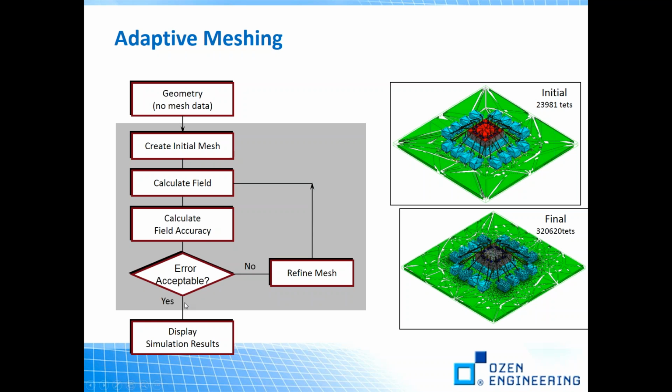Basically, it's trying to satisfy the criteria and see if the error is acceptable. If so, it's going to display the simulation result. If not, it's going to do the mesh refinement, do the field calculation again, and go through this process again. So you can see that it's starting with the initial mesh, but in the final mesh we have finer mesh in some areas that are required to have finer mesh.